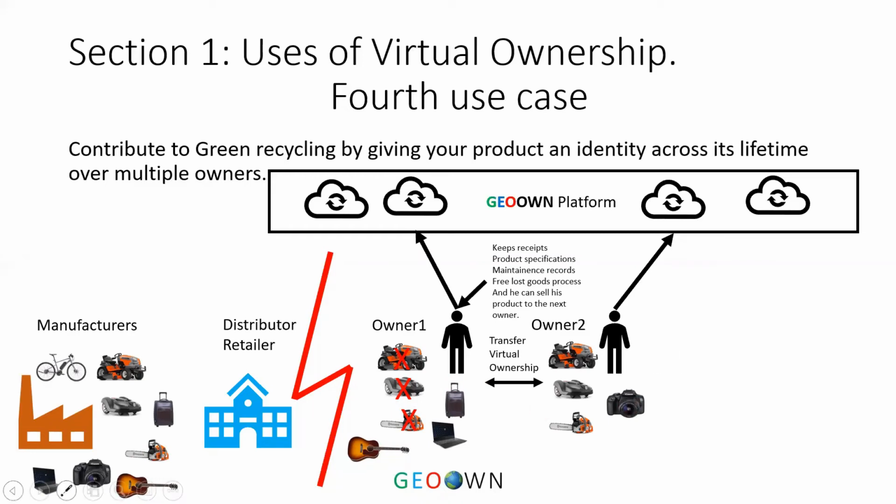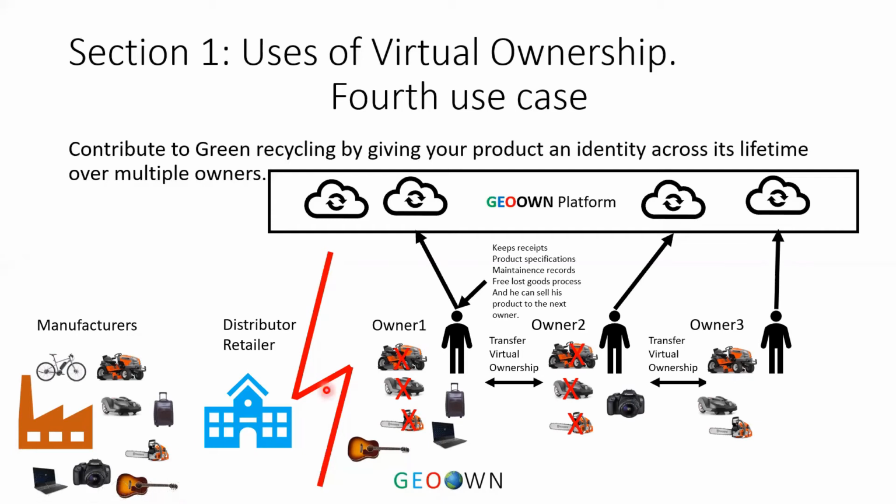The second owner can sell the products he got from the first owner to a third owner after using them for a certain period of time. Similarly, the product is removed from the second owner's account and pops up in the third owner's account. The third owner can add a cycle virtually on his own, independently, and generate his own Geon ID for that cycle.